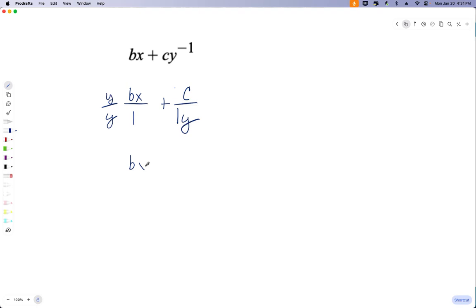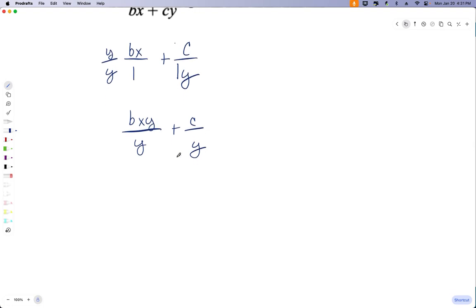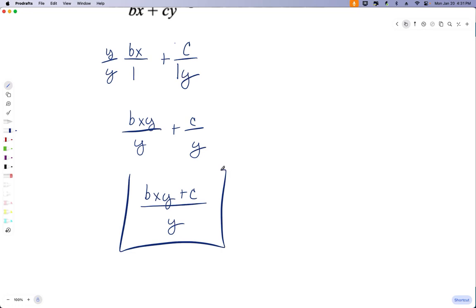That gives me bxy over y plus c over y, which we can rewrite as bxy plus c, all over y. That's your answer. Next problem.